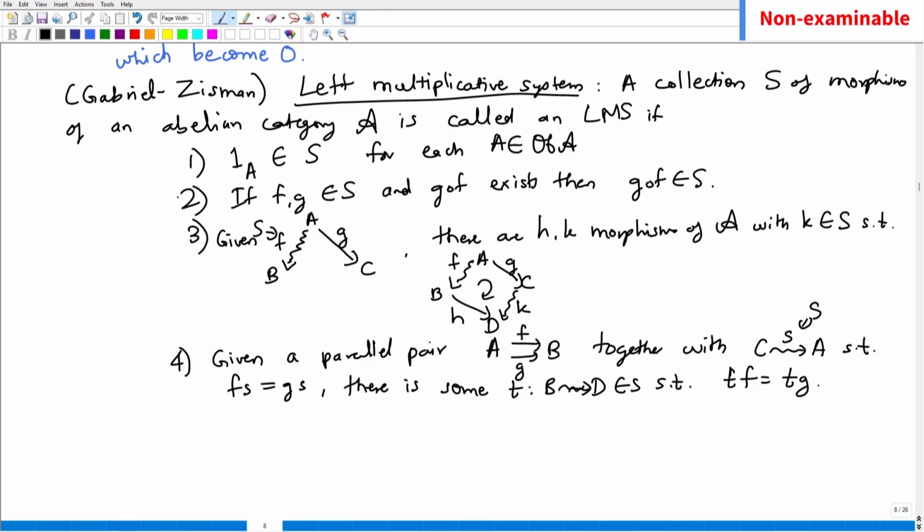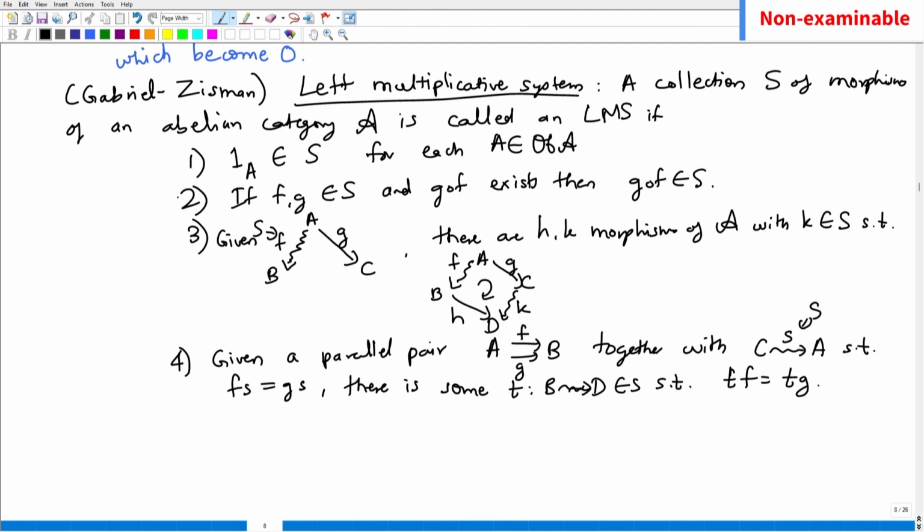For the last one, if you are given a sink, then you can add a roof so that it is complete, and the parallel morphisms have to be in S. And given a parallel pair, if it is weakly co-equalized by a morphism in S, then it is also weakly equalized by a morphism in S. Right and left both systems, and then left plus right, it's just a multiplicative system. And that is the definition that you see in ring theory, in commutative algebra.